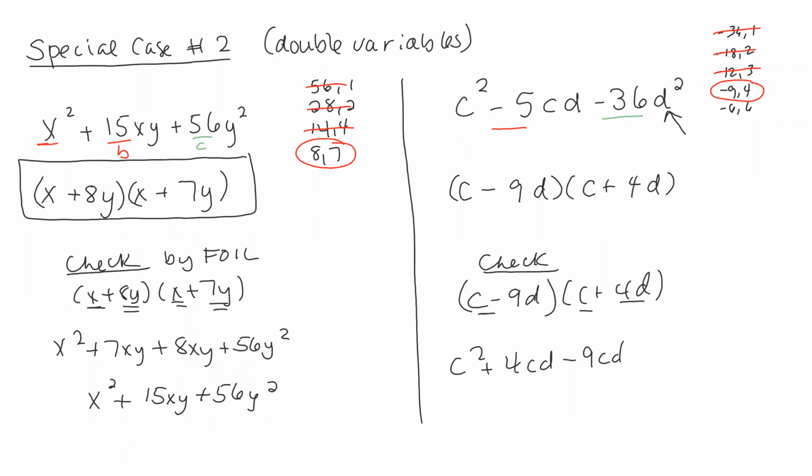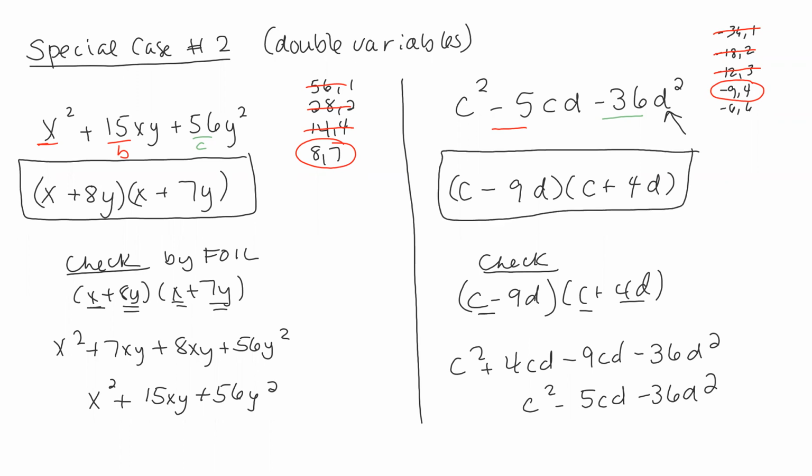Negative 9d times positive 4d is negative 36d squared. So c squared minus 5cd minus 36d squared. There you have it, folks. So if you have that weird double variable thing, it's not that big a deal. You just start each binomial with the x, end each binomial with the y. Okay? So special case 3.